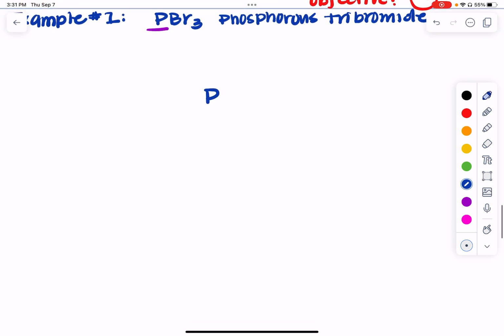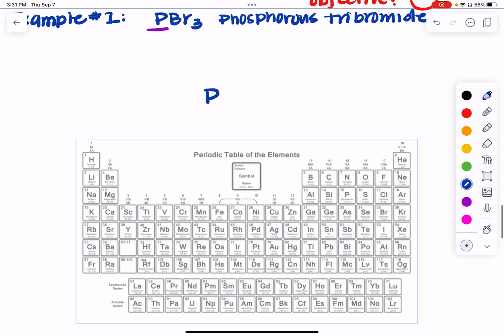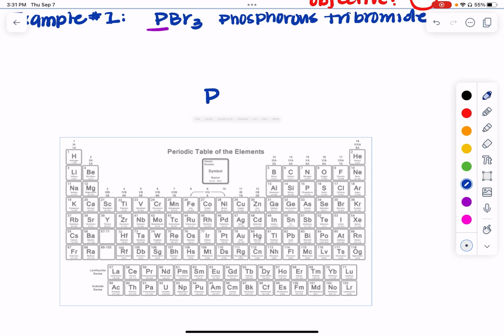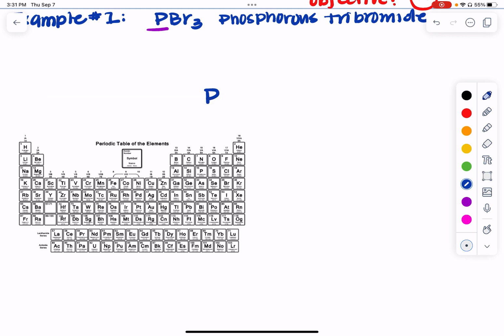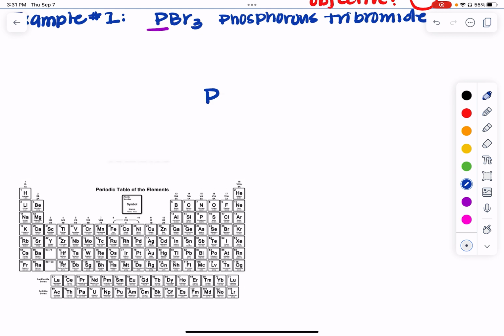I'm going to pull up a periodic table just so that we have it handy. So phosphorus is here. It has 5 valence electrons, and I'm going to draw those valence electrons out.